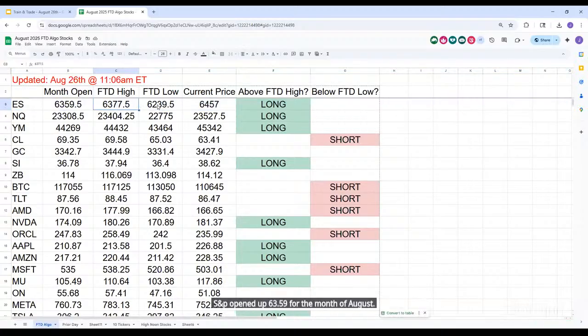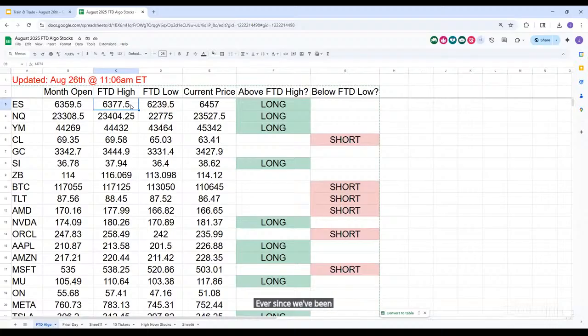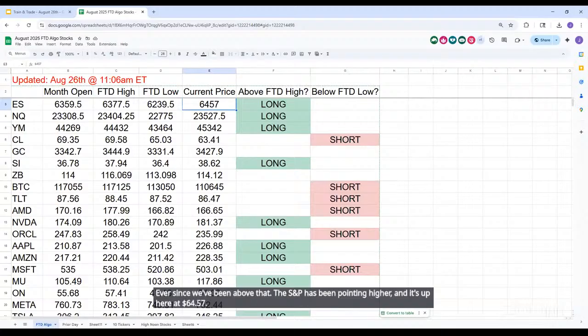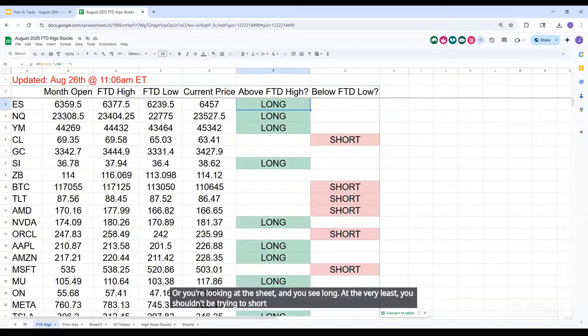During the first 3 trade days of the month, it made a high of 63.77. Ever since we've been above that, the S&P has been pointing higher, and it's up here at 64.57. So at the very least, if you're following this process on your own, or you're looking at the sheet and you see long, you shouldn't be trying to short the market.